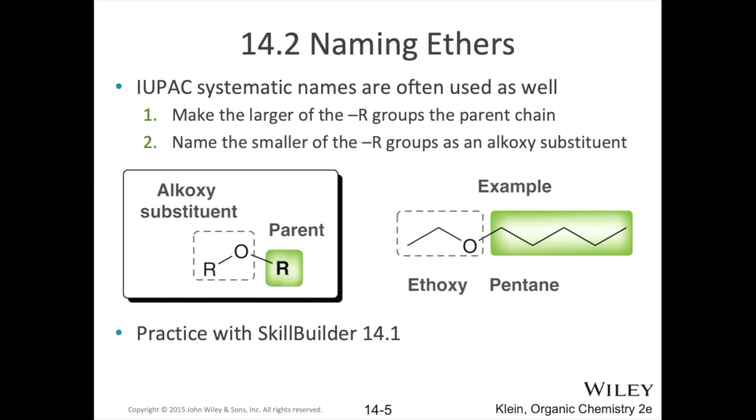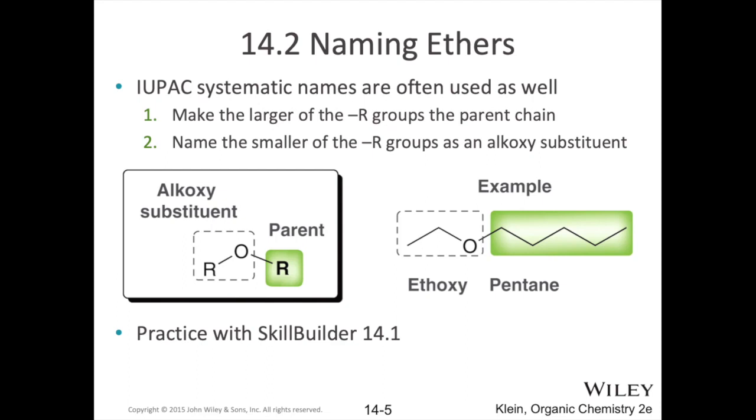Now, with the IUPAC system, we take our larger R group, our larger alkyl group, and that becomes our parent chain. And you've seen that trend in all of our other compounds that we've looked at in this semester. What we're going to do with the smaller alkyl group is we'll consider the oxygen attached to it, and we treat that substituent as an alkoxy group. Okay, so it's just an alkyl group with an oxygen attached.